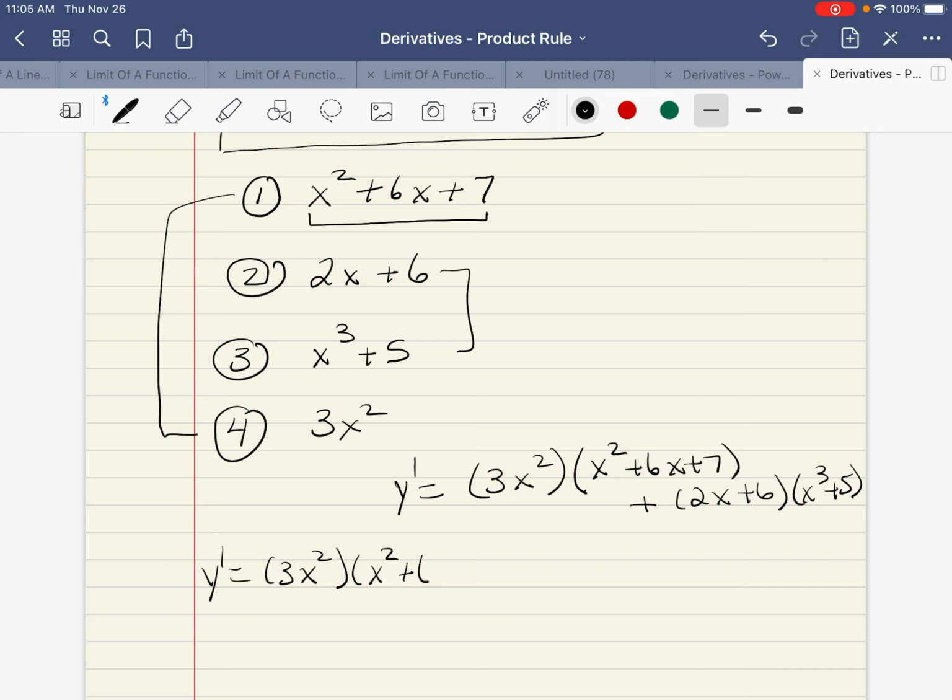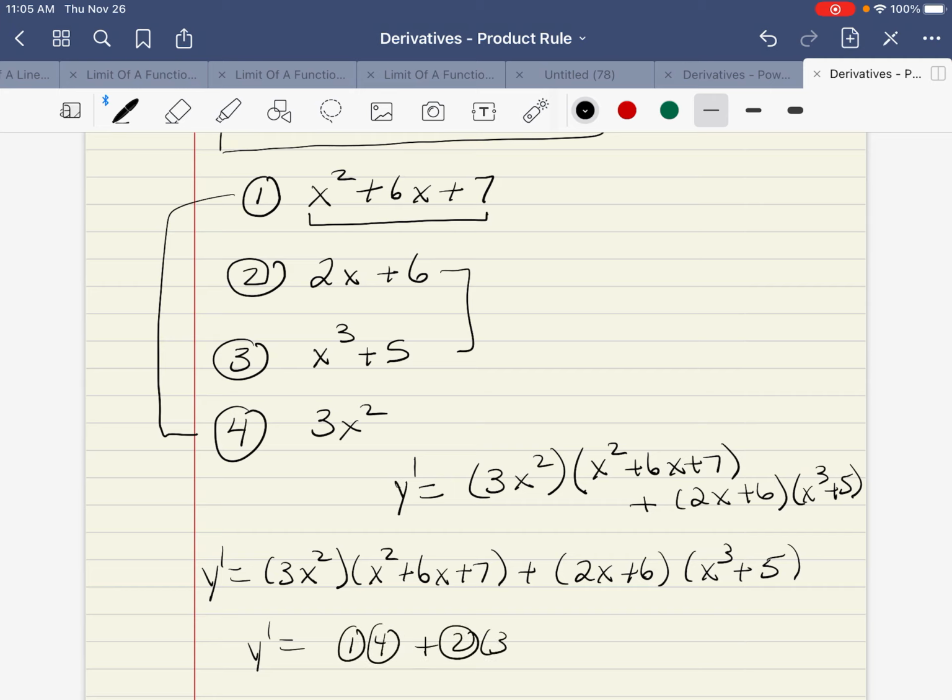So this right here is a nice way to remember how to use the product rule. And again, you would be studying and learning the proof and why this actually works. When I've come up with this 1 times 4 plus 2 times 3, I just think it's a little bit easier to remember those numbers and that sequence rather than the definition that you're going to learn in class.